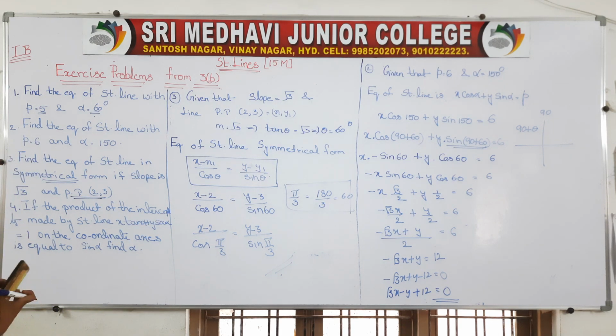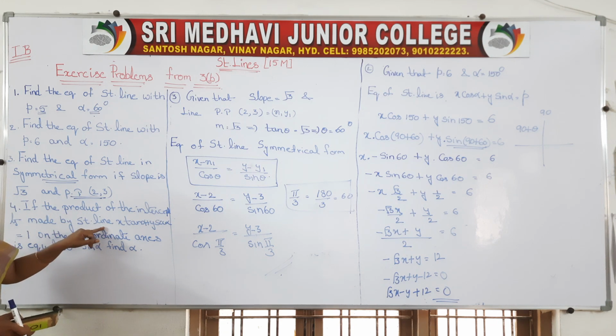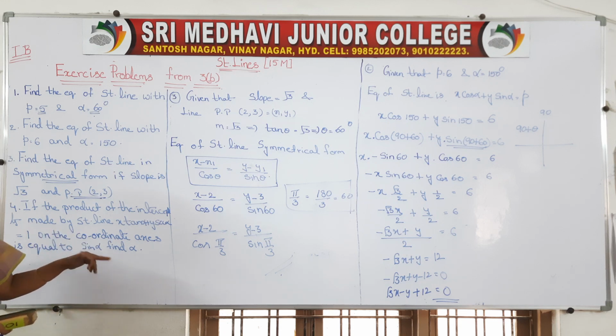Now come to the fourth question. Observe carefully. Before doing the problem, you read the question carefully and try to get the information correctly, which information is given to you. So, if the product of the intercepts made by the straight line on the coordinate axis is equal to sin alpha, find alpha.